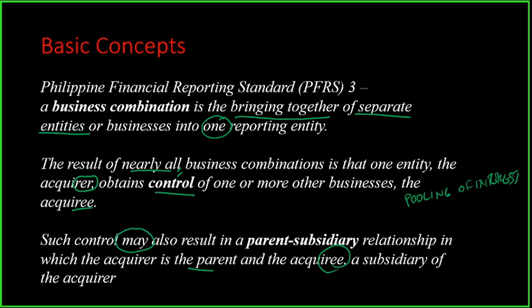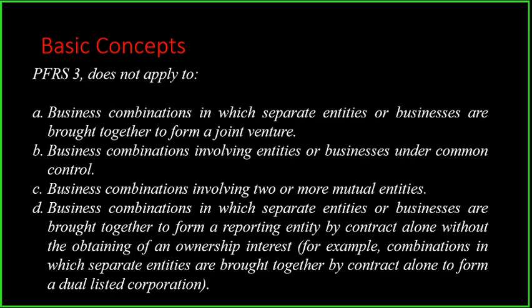So if it did not result in a parent-subsidiary relationship, it doesn't mean that it does not qualify as a business combination. It can still be. If you remember consolidation and merger, there is no parent and subsidiary relationship, but still, that's part of business combination.